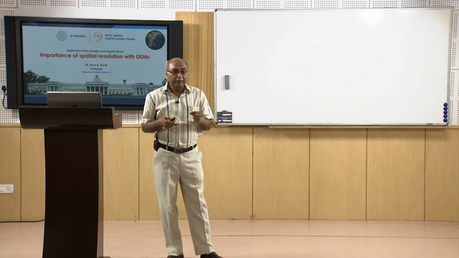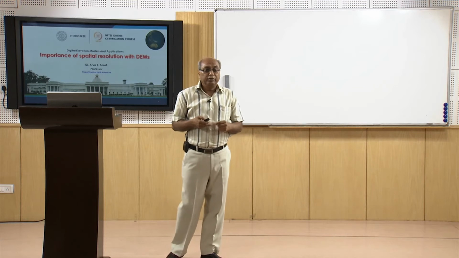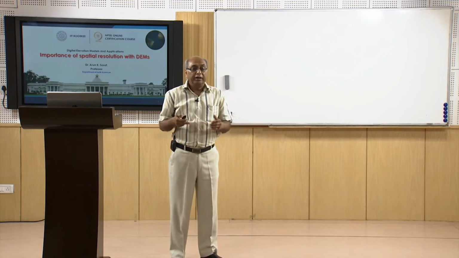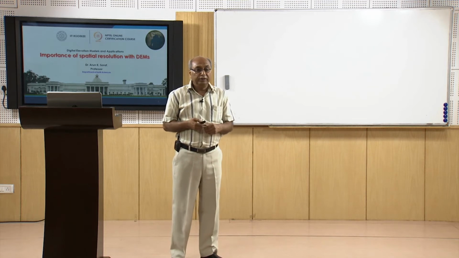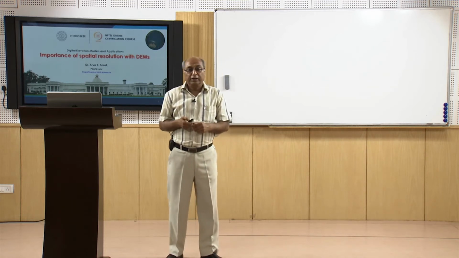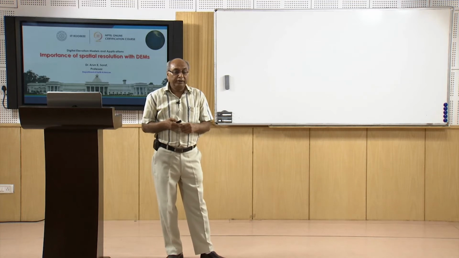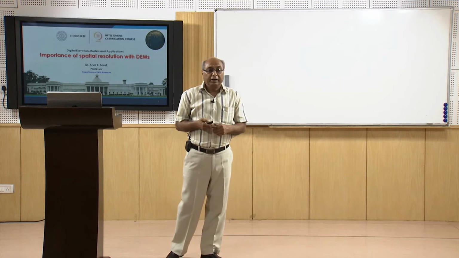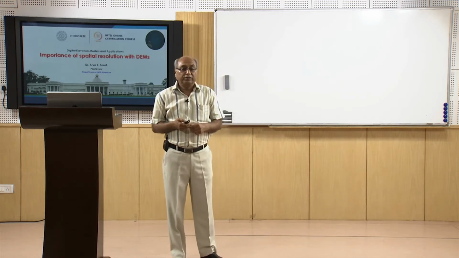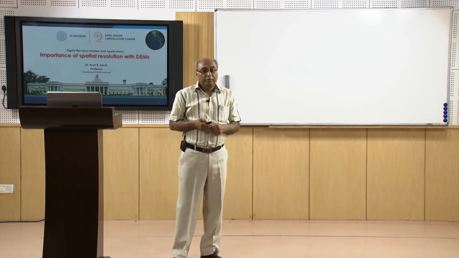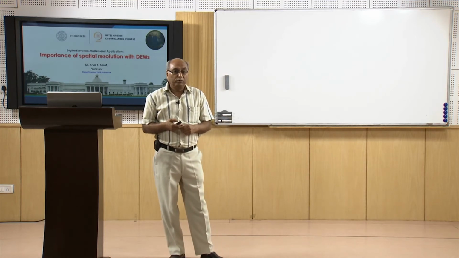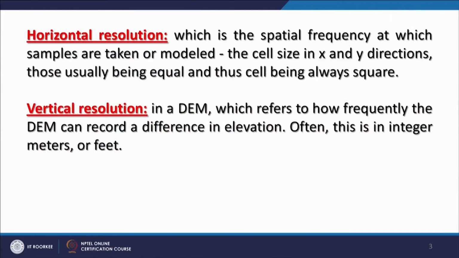This horizontal resolution is basically the XY directions in which the data is being generated or recorded, and that is basically the spatial resolution. And as we know, this is always square in shape. Whereas there is another resolution in the case of a digital elevation model, which is the vertical resolution.